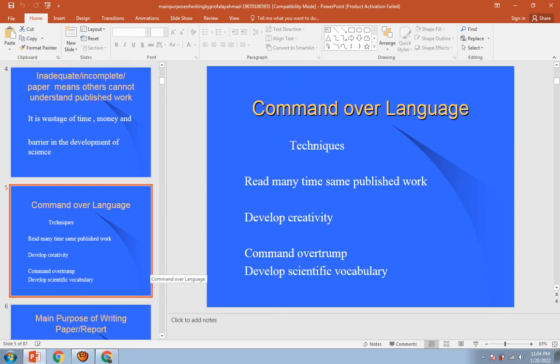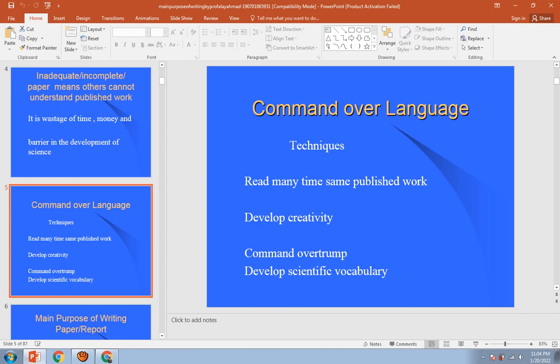For this purpose, one must have command over language, grammar, spelling, semantics, semiotics, major characteristics of communication, major characteristics requirement of command over language.